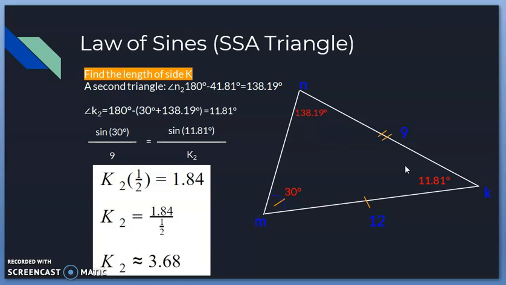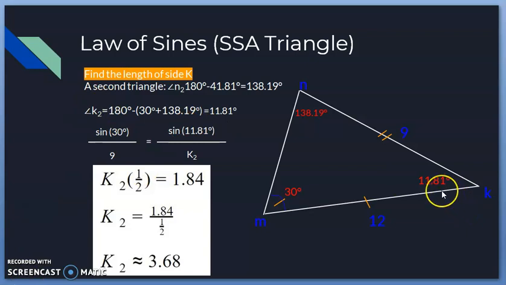However, if you subtracted a value from 180 degrees and it does not leave enough room over to create a third angle, you know that there is not another triangle available. So in those cases, there will be one triangle and one triangle only. But in this case, we have two triangles for this ambiguous case.